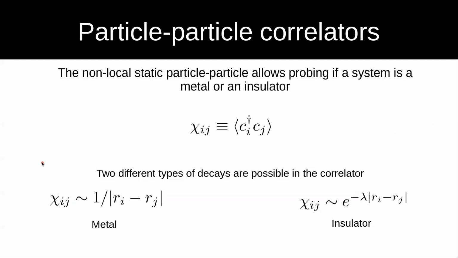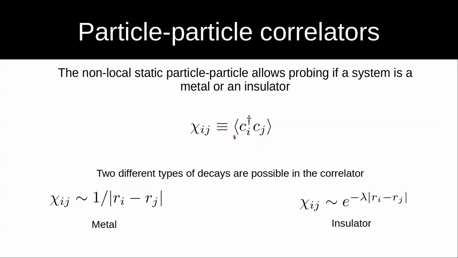And actually, you can think that this type of perturbation and measurement corresponds to finding the non-local fermionic correlator, so the non-local particle-particle correlator. And in particular, if you have a system that is a metal, this non-local particle-particle correlator is long-ranged.